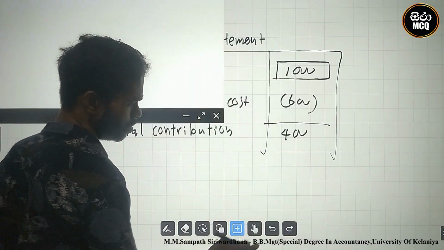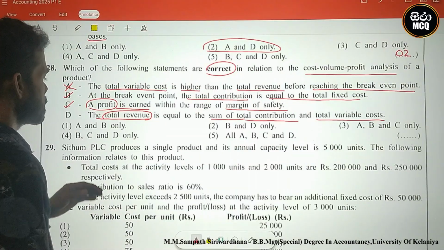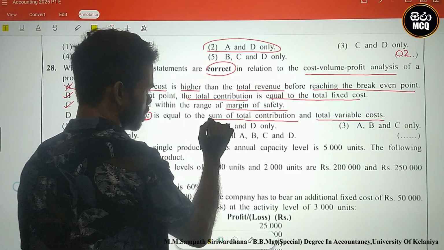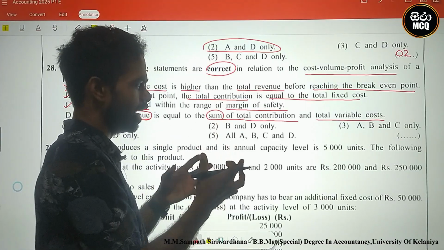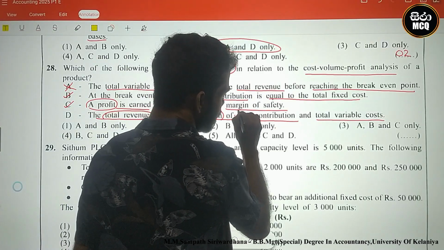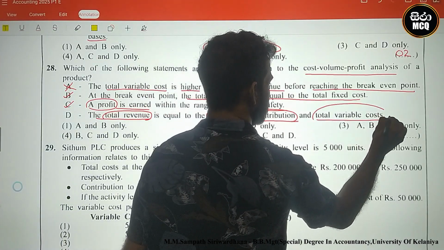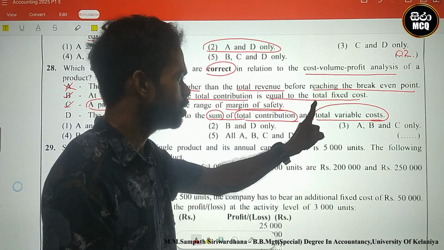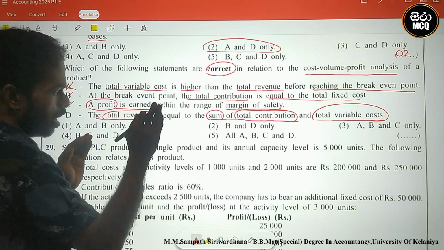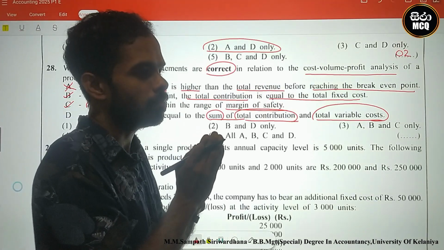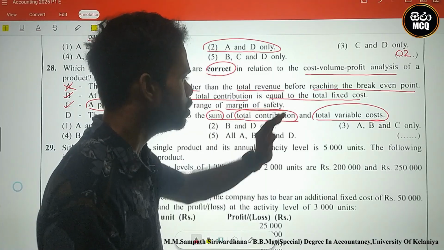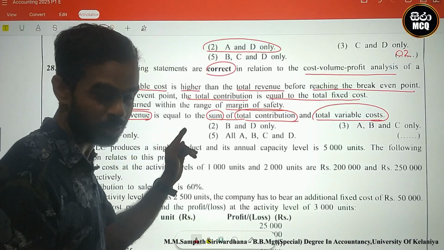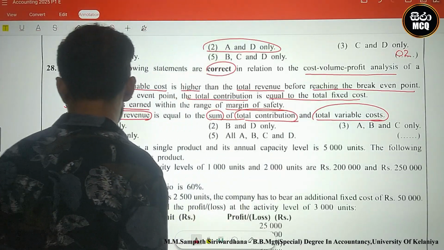Total revenue is equal to the sum, meaning accumulating the addition, of total contribution and total variable cost. After collecting total contribution and total variable cost, we can find total revenue.